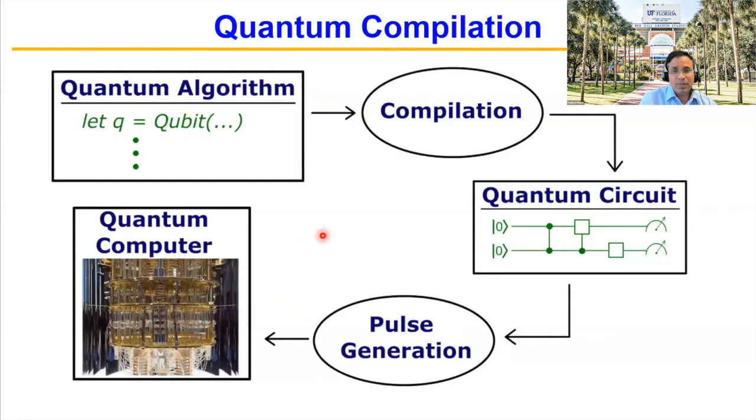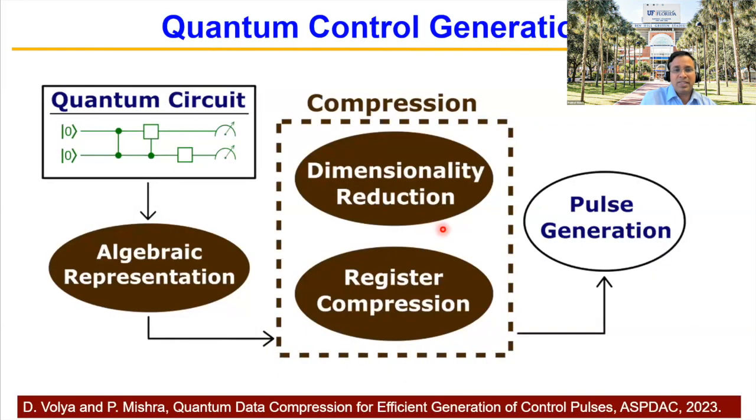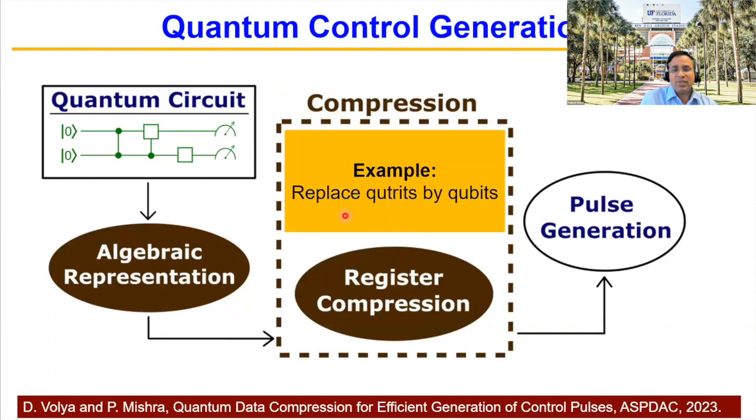While you are doing compilation, as I said, a lot of optimization takes place. One of the simple optimizations could be compression, meaning dimensionality reduction and register compression. For example, let's say you have a quantum circuit that represents qutrits, but you figure out that for the quality of result or fidelity you are looking for, qubits would be fine.